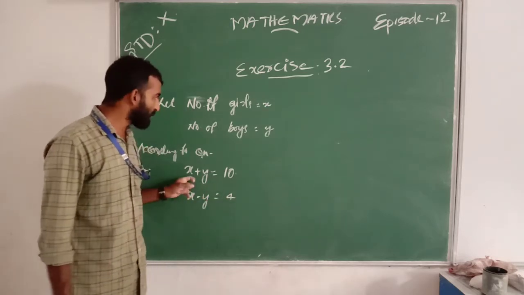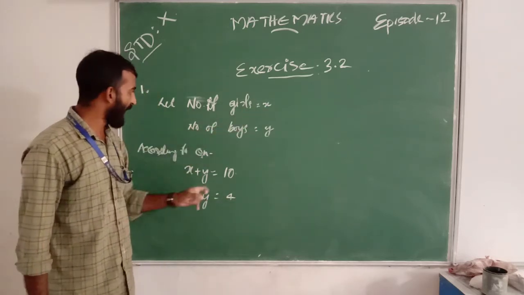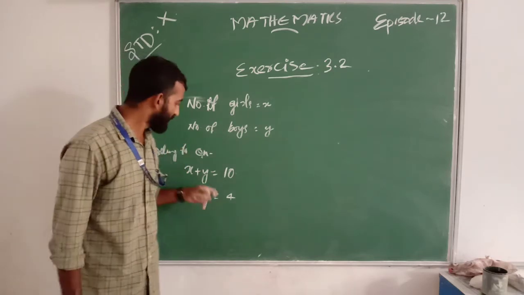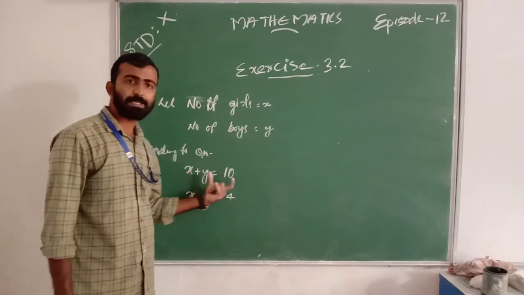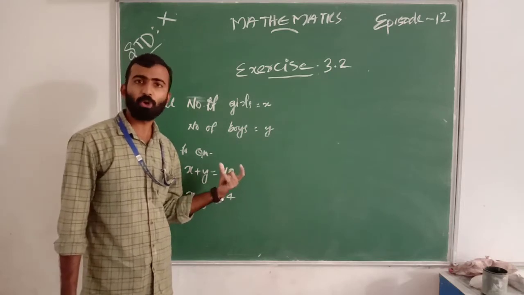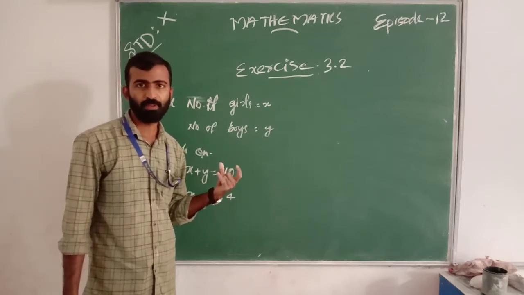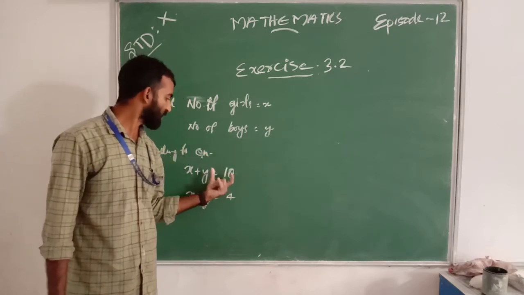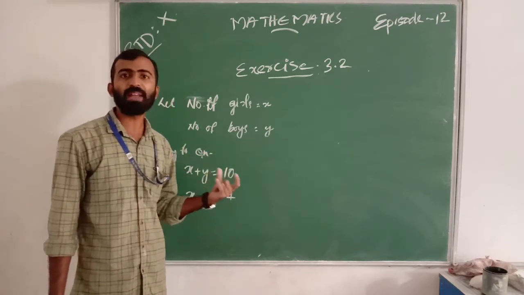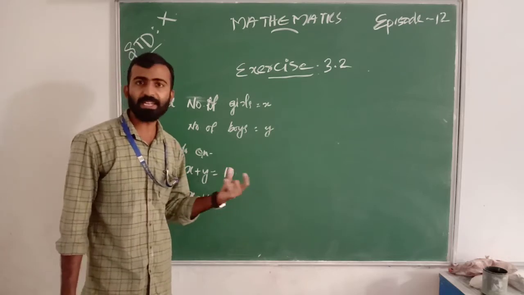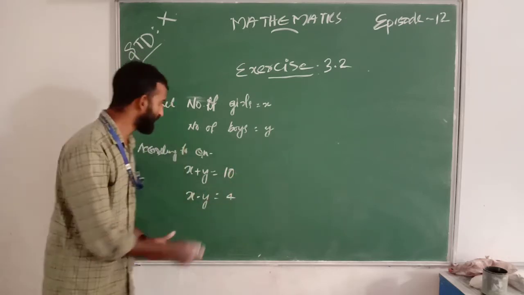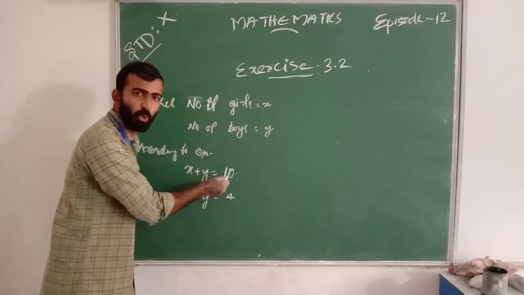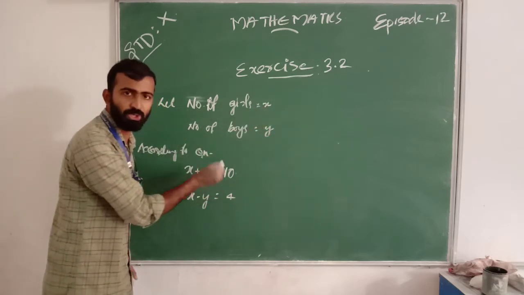Here x means the number of girls and y means the number of boys. From the question we understand the total number of students attending the quiz program is 10, that is, number of girls plus number of boys equals 10.